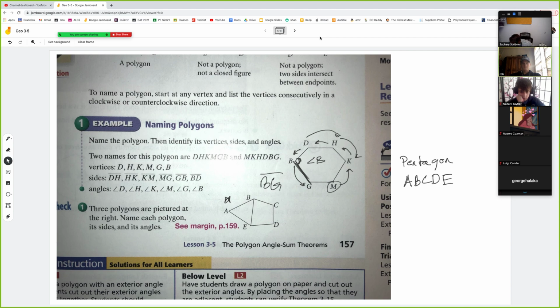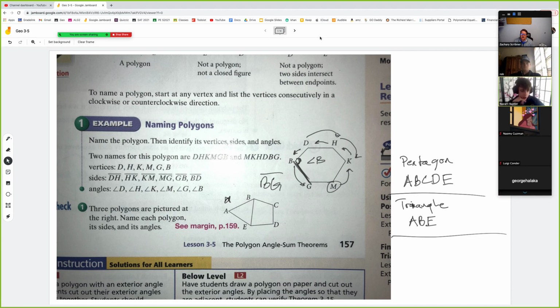All right, very good. Nazari, would you name another polygon that you see in this image? Perhaps a triangle. Okay, so a triangle, and what's the name of it? ABE. Very good. There's several names for that triangle. It could be BEA, B-A-E, like Bay.